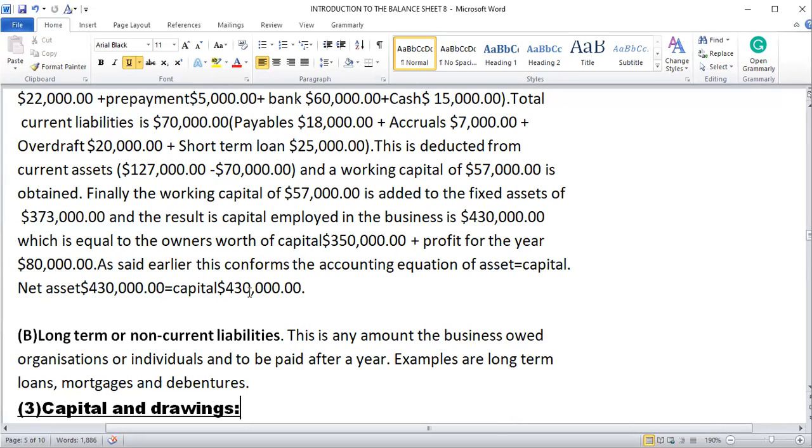When you go through the principle several times, it becomes familiar and you can do it. As I said, any accountant who cannot prepare a balance sheet is not a competent accountant. Nobody will employ you. So watch the video several times so that you understand.